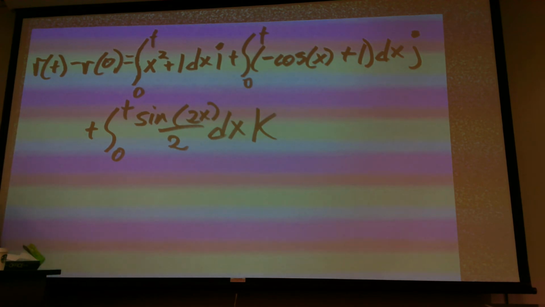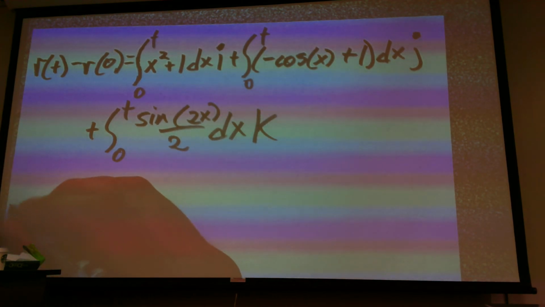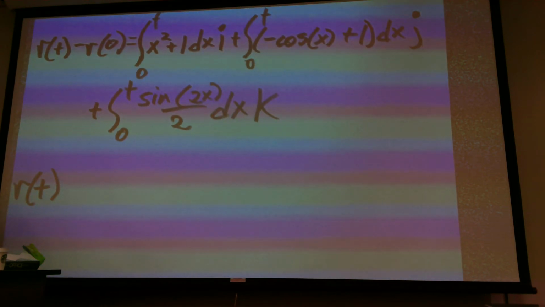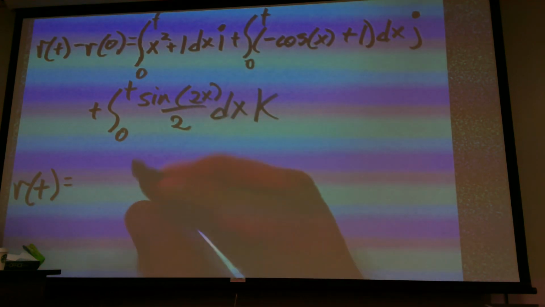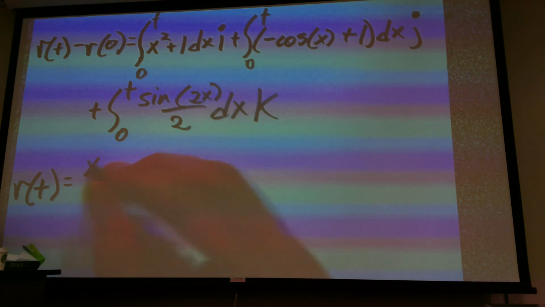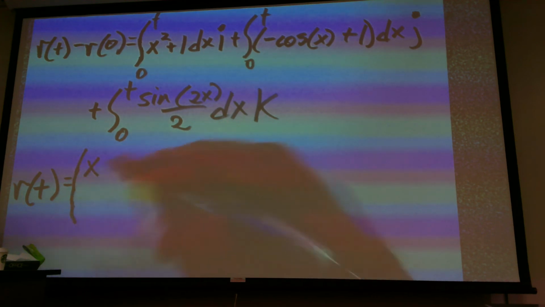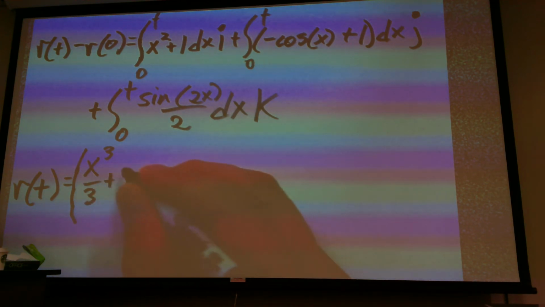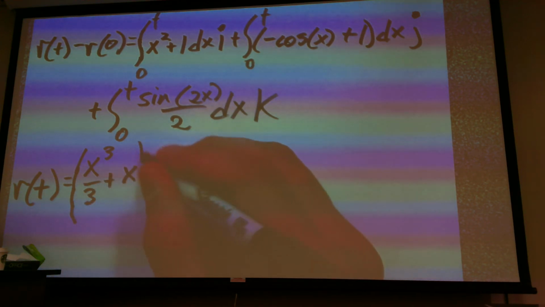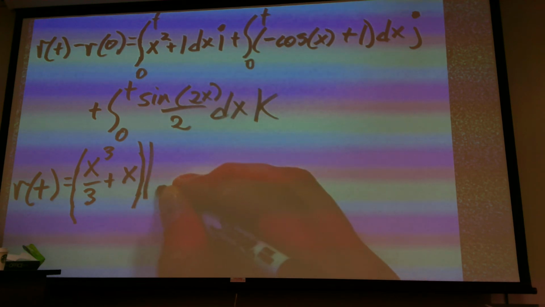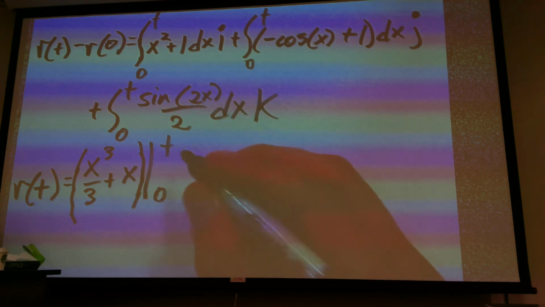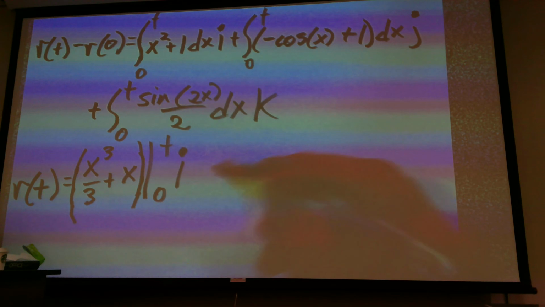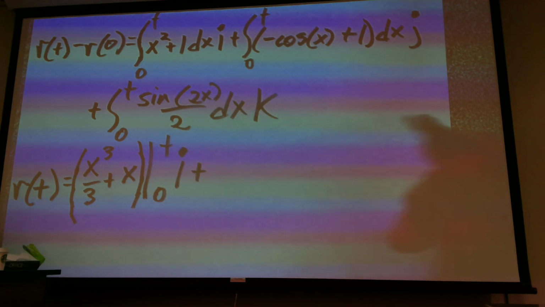This is going to give me that r of t. So this first one has become x cubed divided by 3 plus x, evaluated at 0 and at t, and multiplied by i, and then plus.